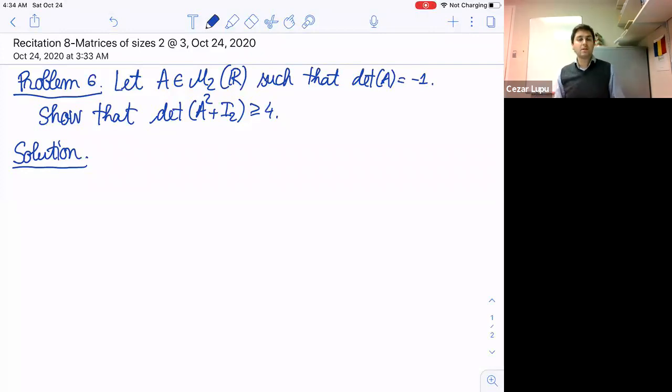It's just basic algebra at the end of the day. So we can do that, or let's do it without making use of the spectral theorem.